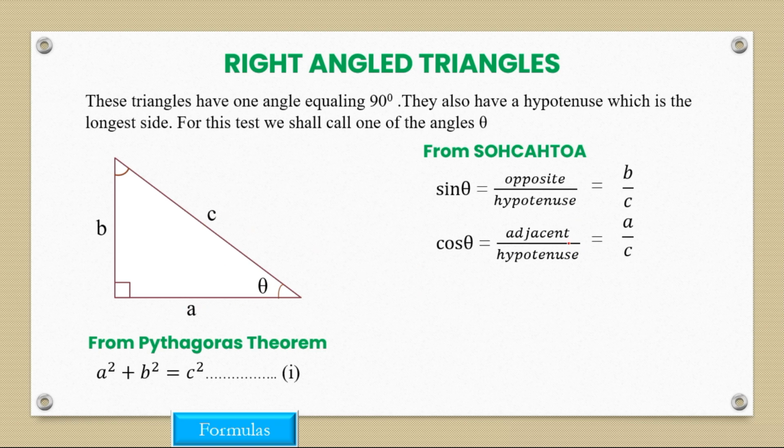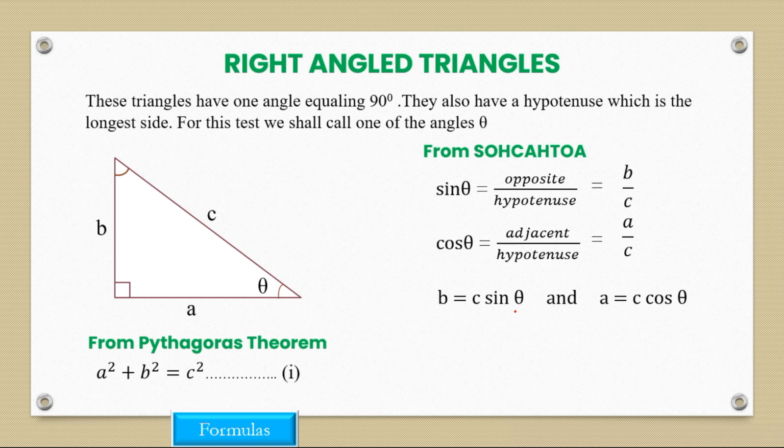That's why we have A over C. So as you can see, if I rearrange these, because I now have cos theta is equal to A over C and sin theta is equal to B over C, I can have B as being equal to C sine theta. And then I can also have A as being equal to C cos theta by just cross multiplying.